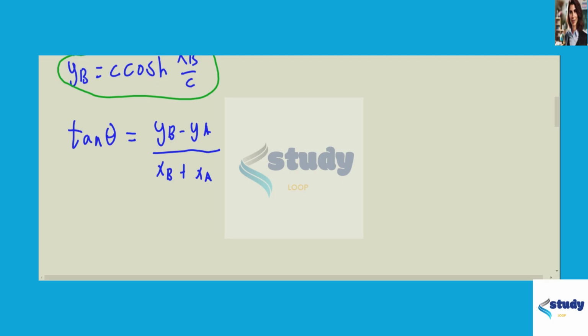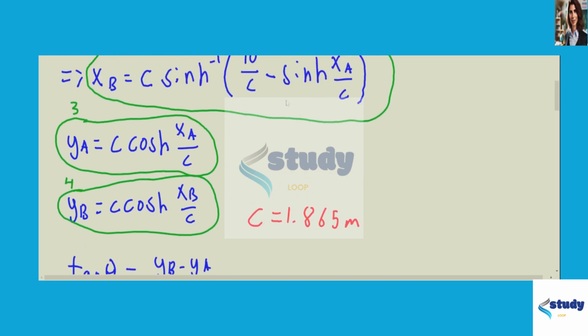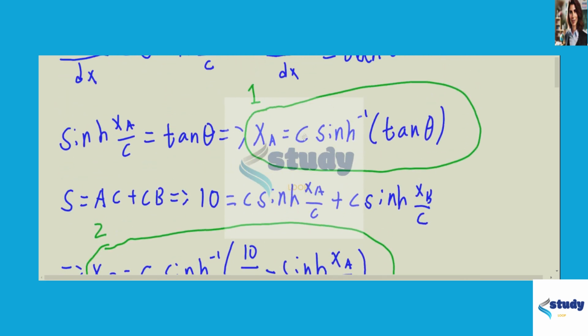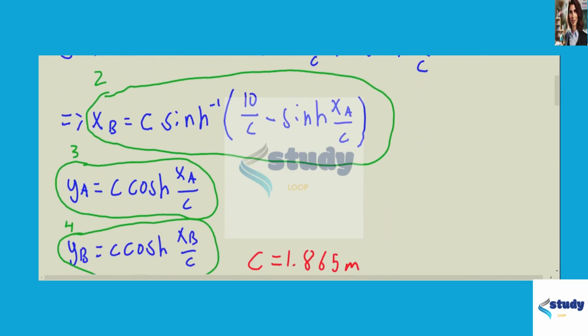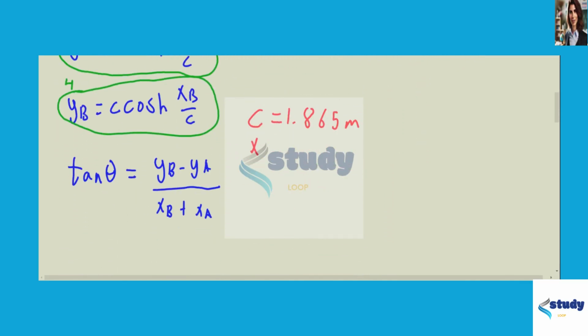So we're going to choose a value of c that's equal to 1.865 meters. So we take this value of c and we plug it into equation 1 here. And after plugging it into equation 1, we'll get a value x of a that's equal to 1.644 meters.